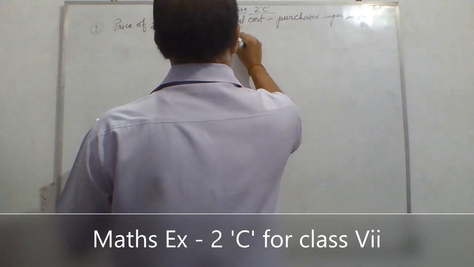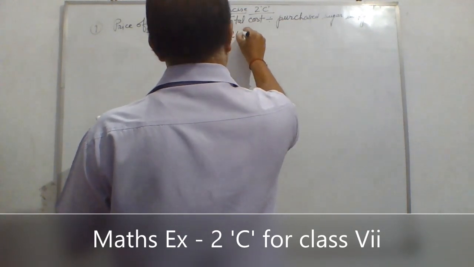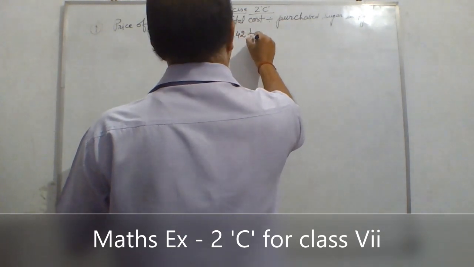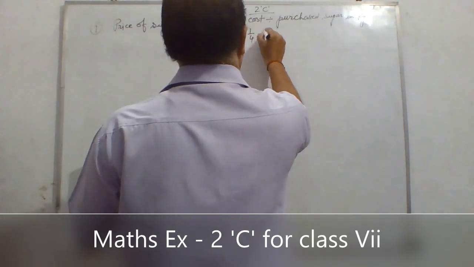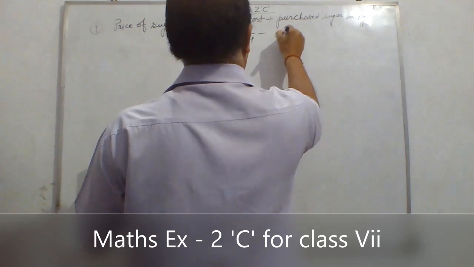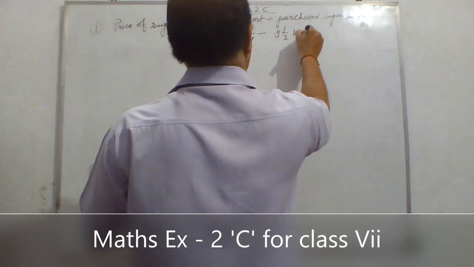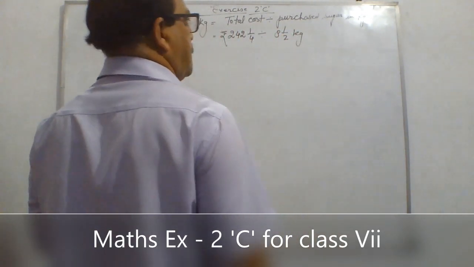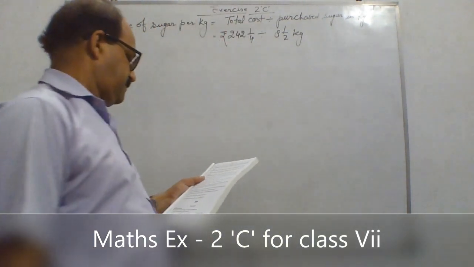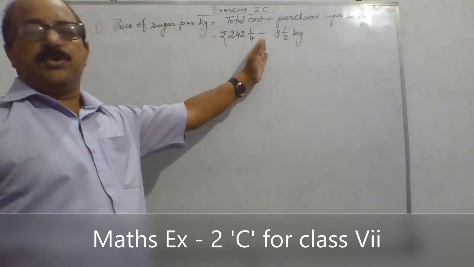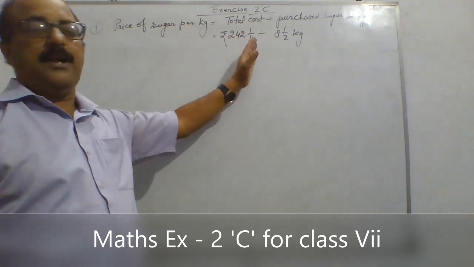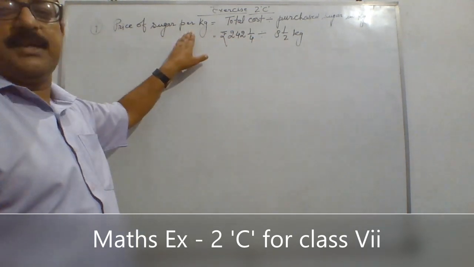Total cost is 242 whole 1 by 4 divided by 8 whole 1 by 2 kg. Hence, you can solve it and you will get the price per kg of sugar.